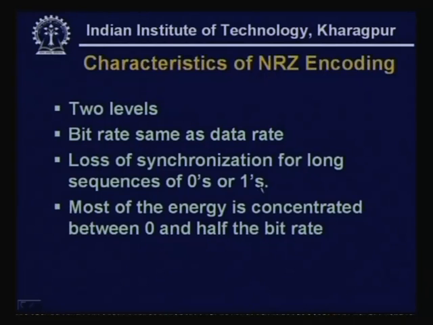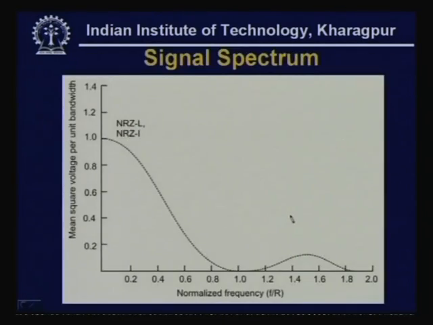of synchronization. And in this case, if you look at the signal spectrum, you will find most of the energy is concentrated between 0 and half the bit rate, as shown in this diagram. For NRZ-I and NRZ-L, the signal spectrum is shown here. On the x axis you have the normalized frequency f by R, where R is the bit rate, and on the y axis the mean square voltage per unit bandwidth.